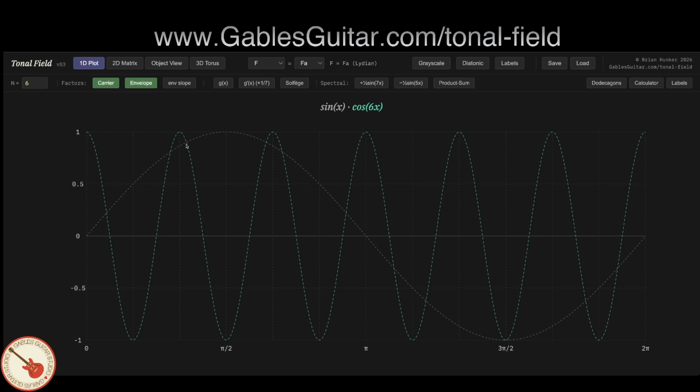That's true for this peak as well. Peaks less than 1 will be attenuated, both positive and negative on this side of the plot. Here at pi over 2, sine x reaches its full peak, 1, so the cosine wave will reach its full negative peak at negative 1.